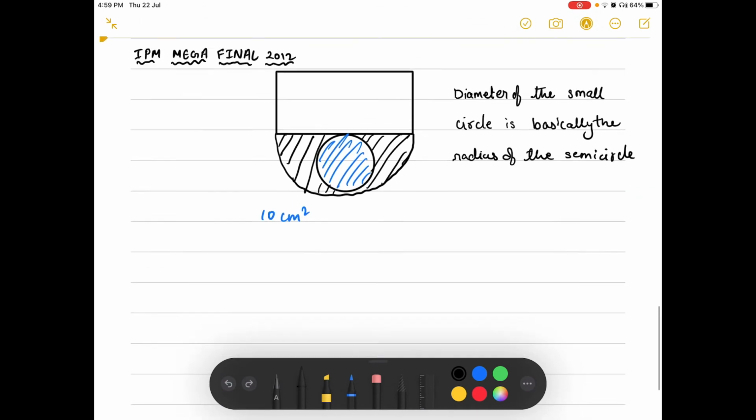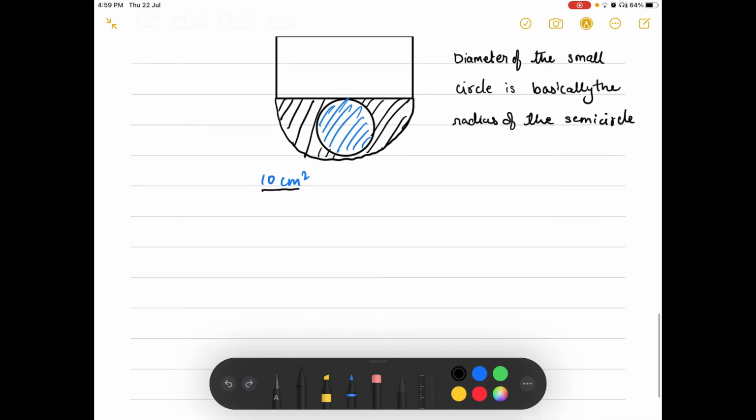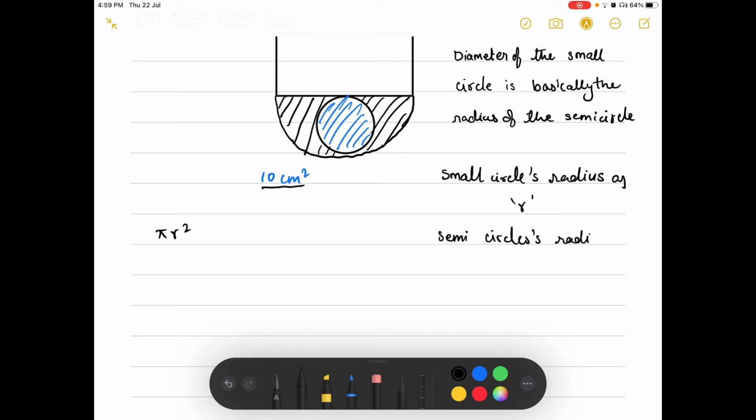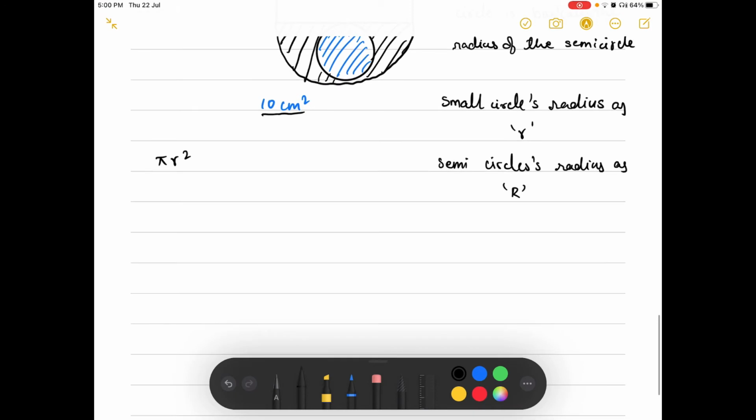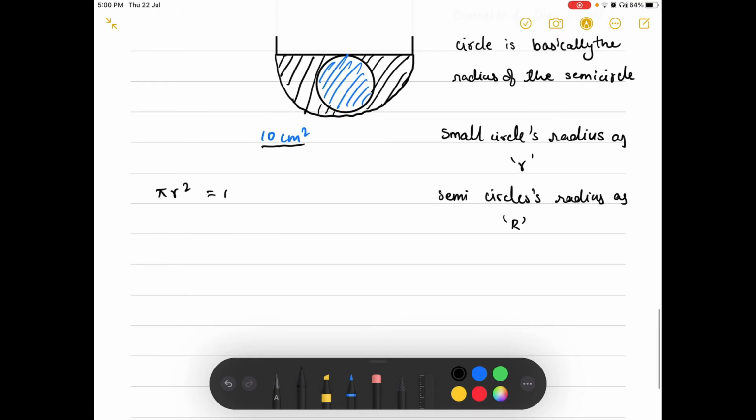So now let's find out. 10 centimeter square is basically pi r square. I will denote the small circle's radius as small r and the semicircle's radius as capital R. So pi r square is 10 centimeters square.